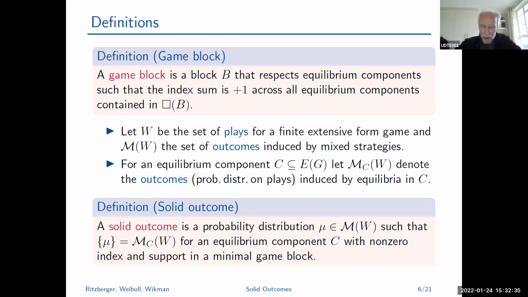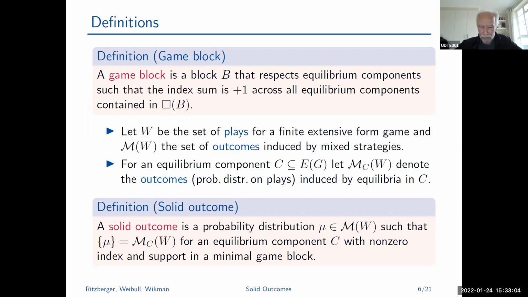So a solid outcome is an outcome, so a probability distribution on plays, such that this is the unique outcome that is induced by an equilibrium component with non-zero index and support in a minimal game block. Where by minimal, I mean minimal with respect to set inclusion. Okay?